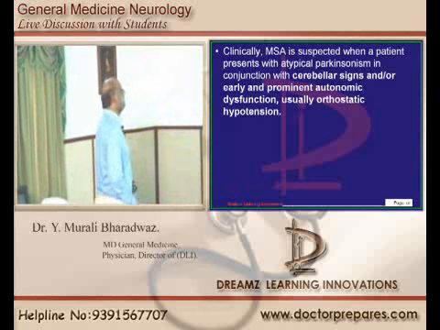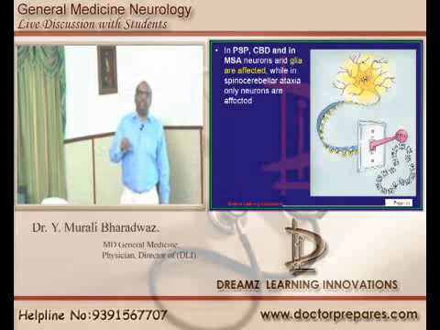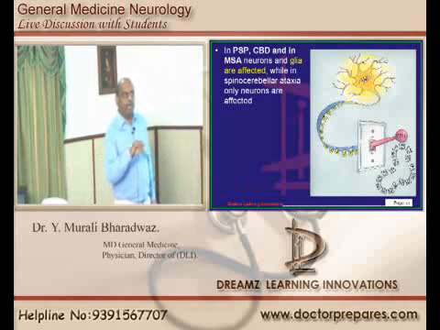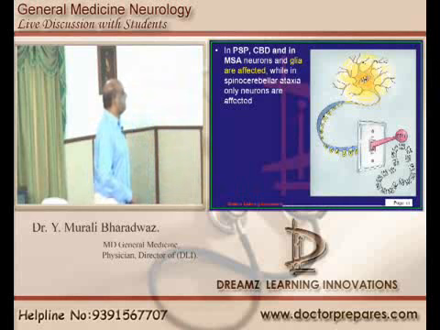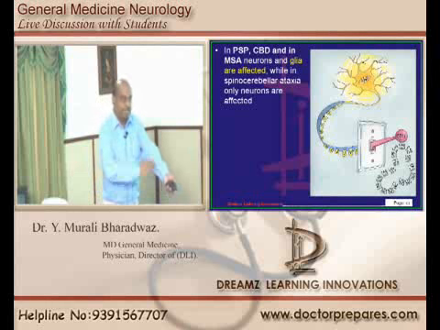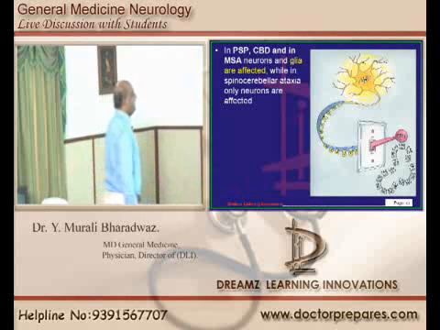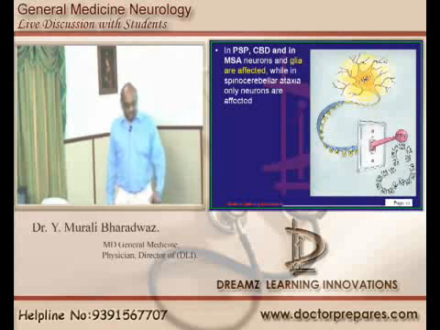What you have to fundamentally understand is that whether it is corticobasal degeneration, multisystem atrophy or progressive supranuclear palsy, in all of these it is the glial cells which are affected in the brain. But only in spinocerebellar ataxia it is the neurons, the axons of the neurons, which are affected. That is the point of interest.